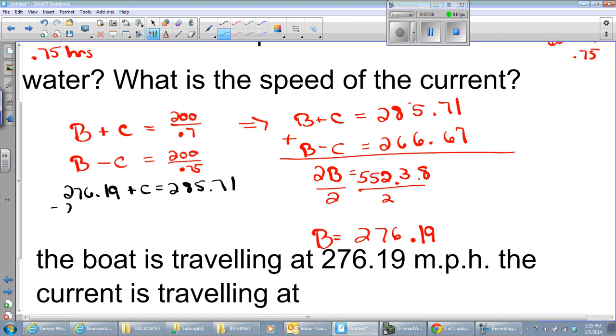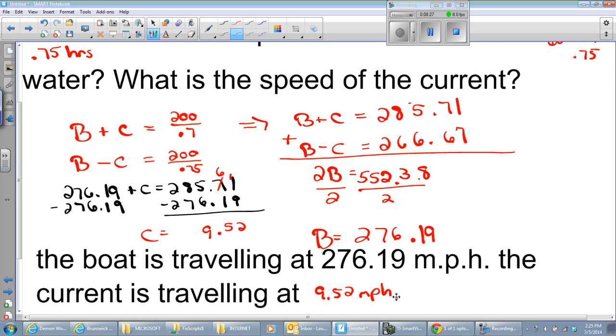So I'm going to subtract 276.19 from both sides. Okay, and so I'll get the speed of the current, and that's going to be a 6, a 2, a 5, and then I think that's going to be 9. Yeah. So the current is traveling at 9.52 miles per hour. And that should be it.